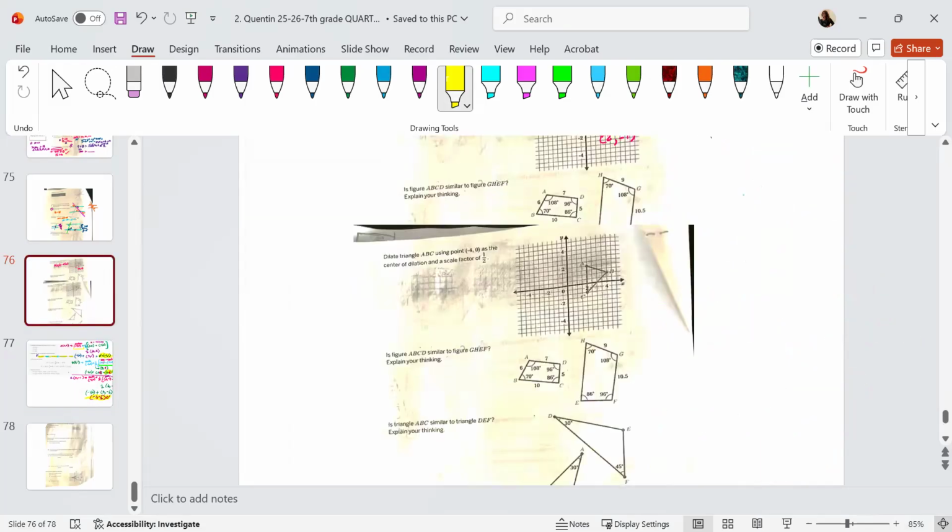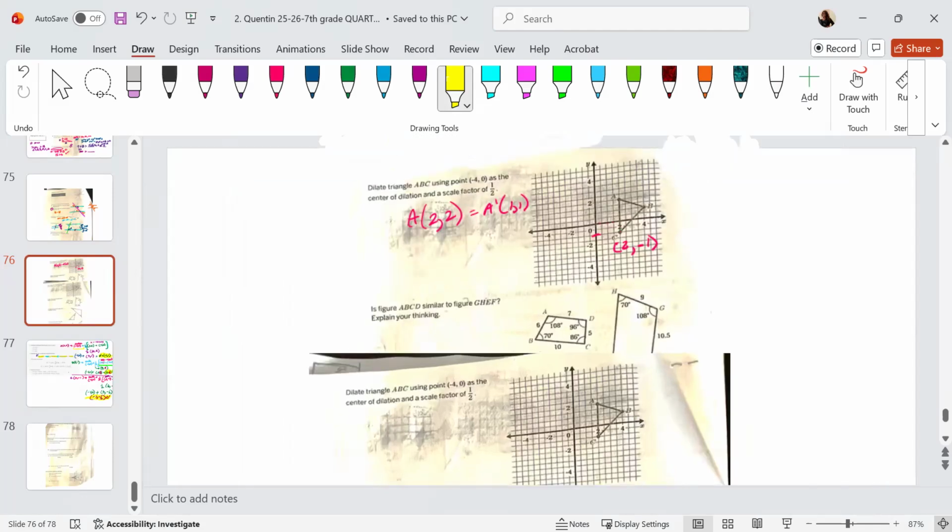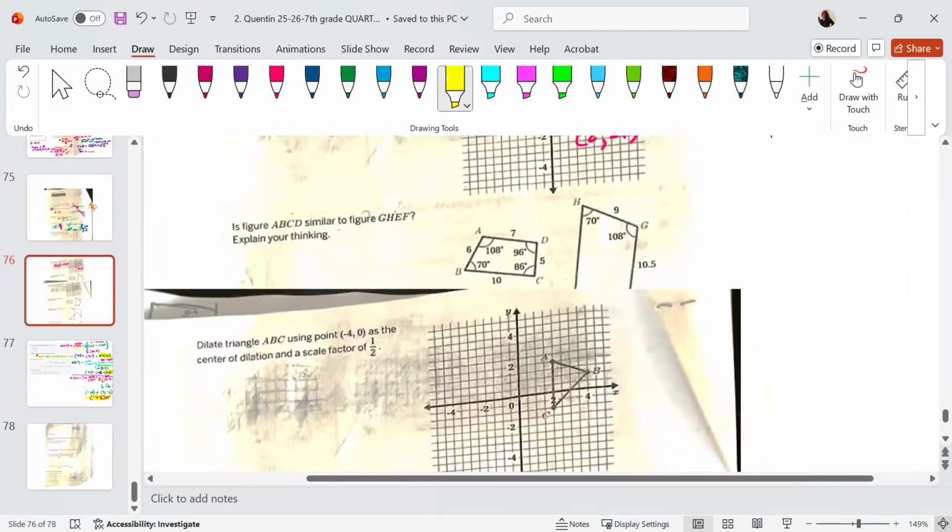All right, let's go back to the original question. So you might want to ask her a question on that. Okay. Next one, read the question, please. Is figure ABCD similar to GFED? What are the criteria of a figure being similar to each other? There are 2 things.